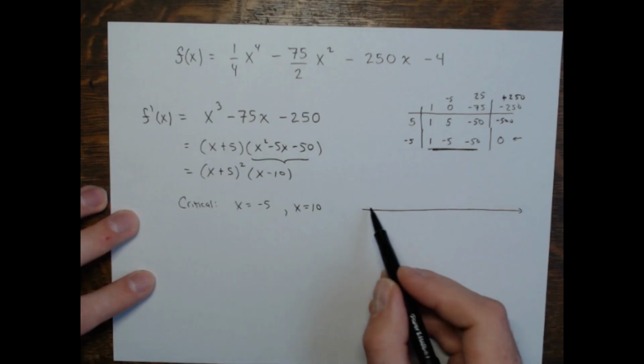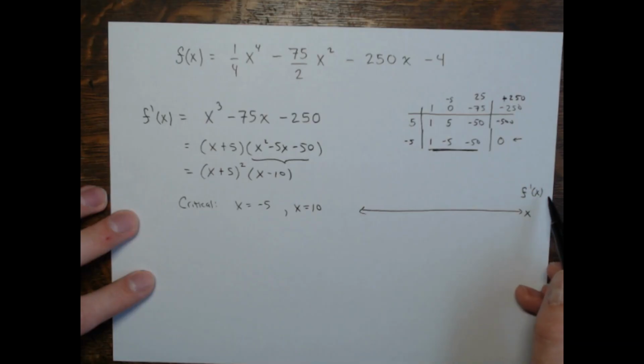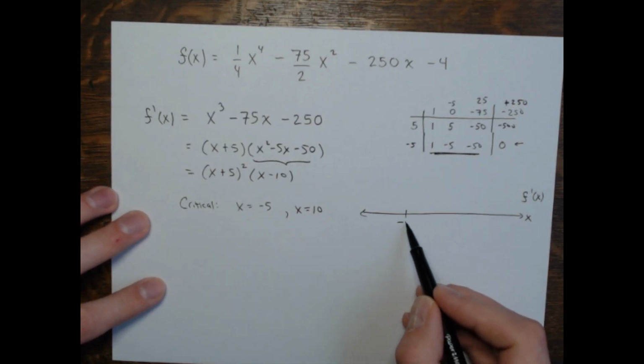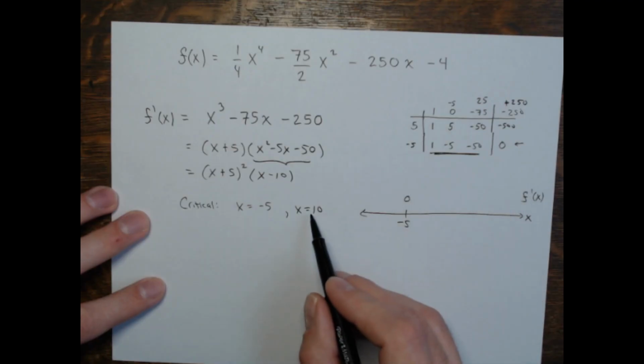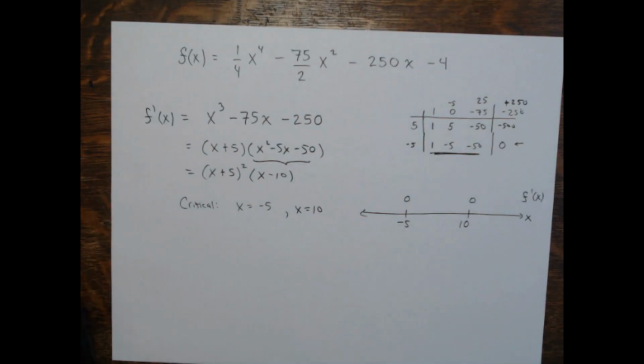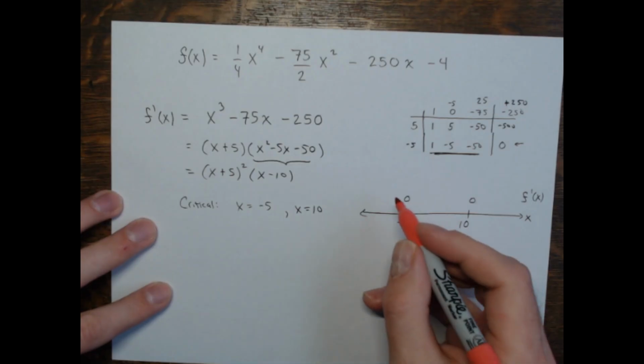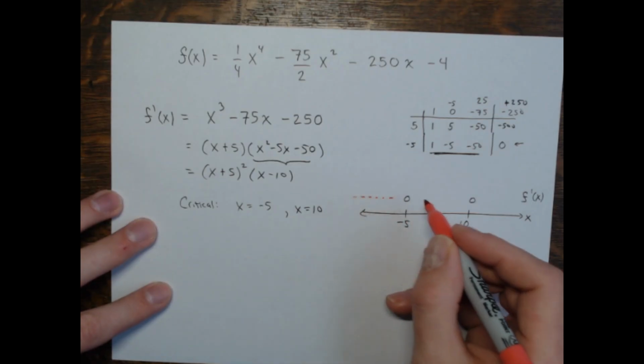Make a number line. So again, first I'm doing on top here the number line for f prime. So again, at negative 5, f prime is 0. At positive 10, f prime is 0. And once again, knowing what we should know about polynomial functions, an odd degree with a lead coefficient that's positive should have negative values to the far left.